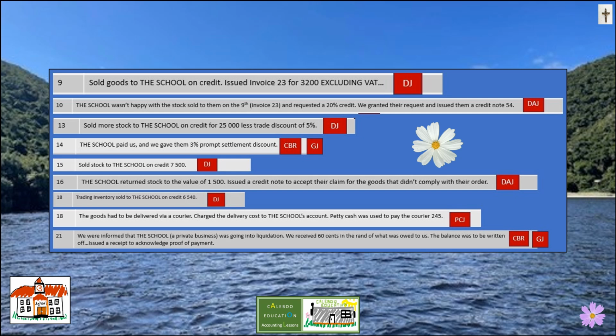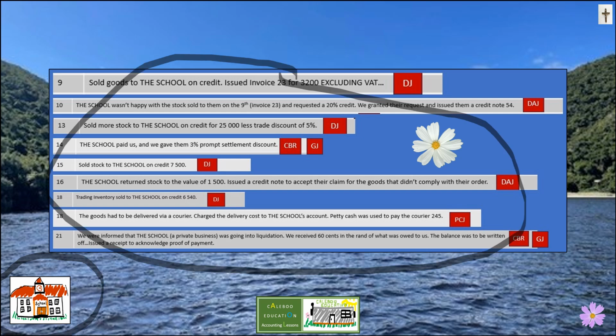I extracted all the transactions which relate to the school for the month of February, just to show you something. So there were credit sales, there were returns from the school, there was a payment by the school, there were more sales.